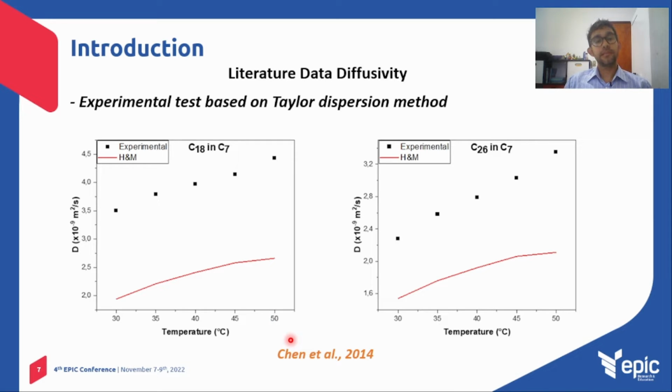Again, we can see that the correlation can't predict the real, experimental diffusivity. So, independent of the method used to determine the diffusivity, Hayduk-Minhas or Wilke-Chang correlation can't predict the real or experimental diffusivity.